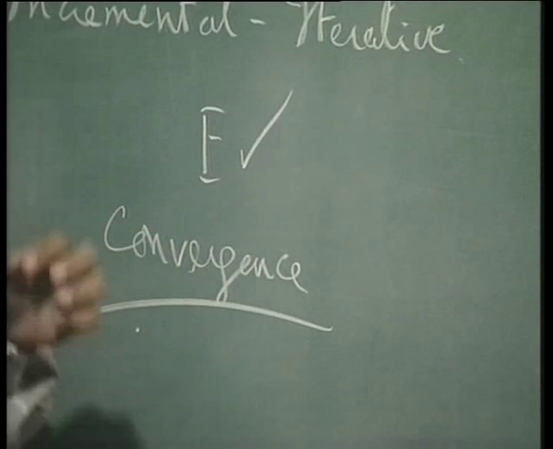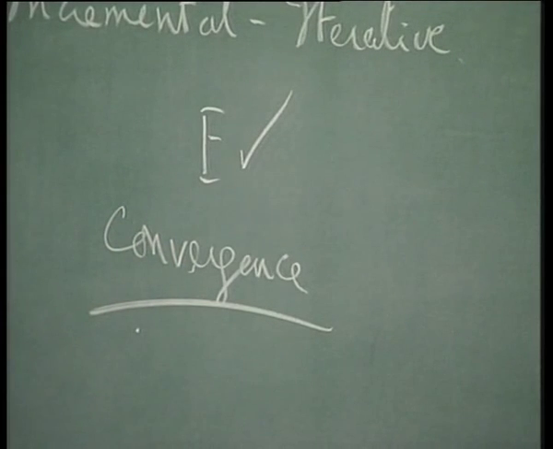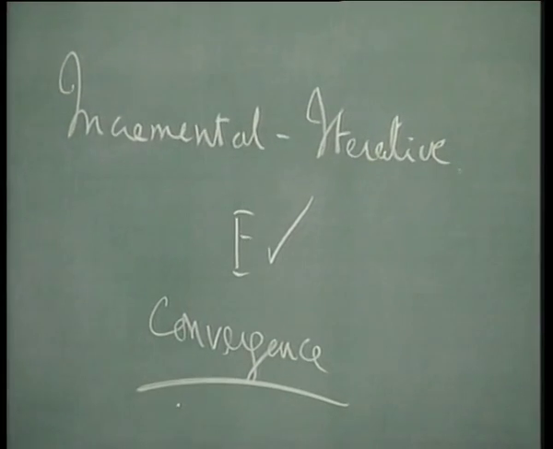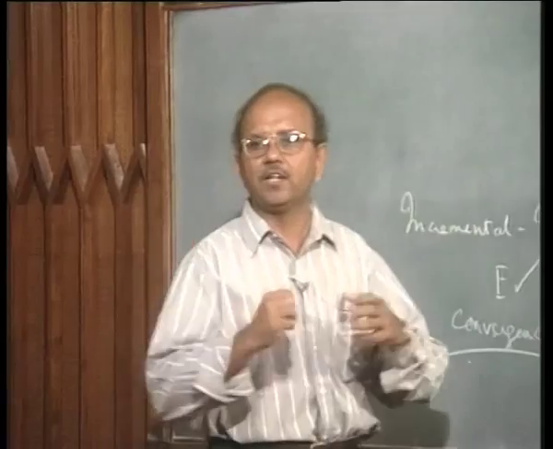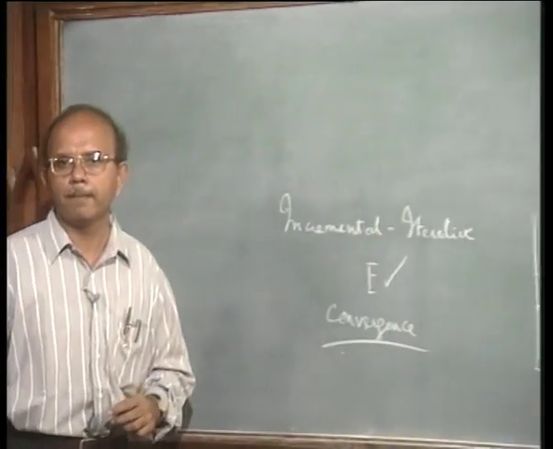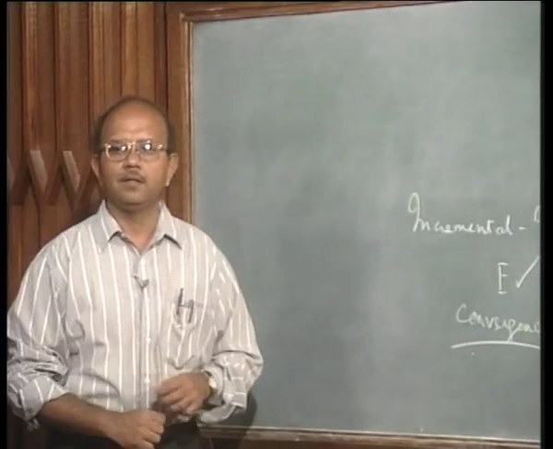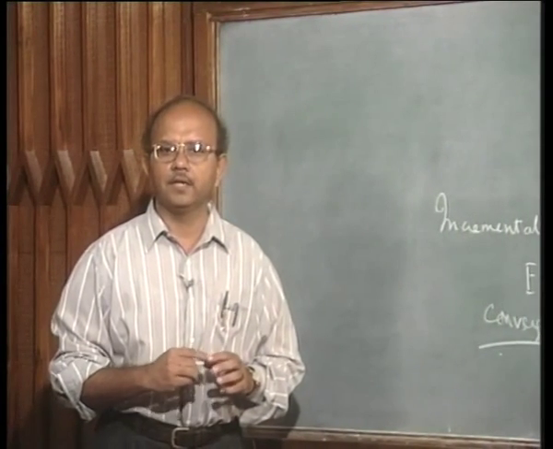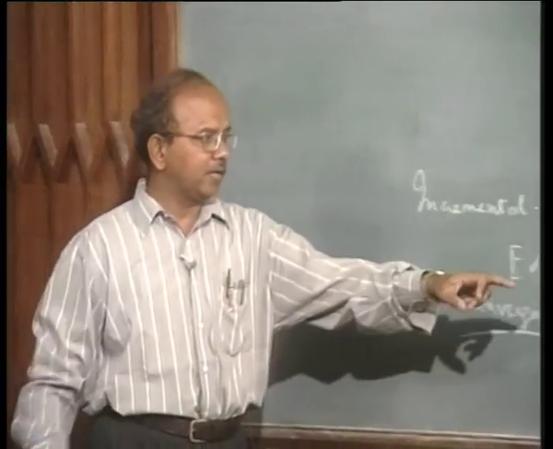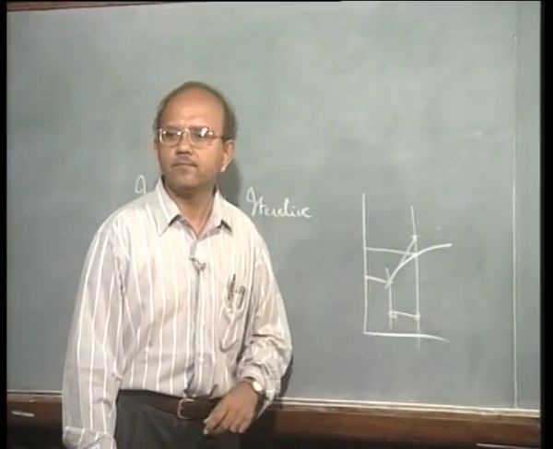We say that there is convergence when the externally applied forces and the internally developed stresses, which would result in internal forces, both of them are in equilibrium. Is it clear?